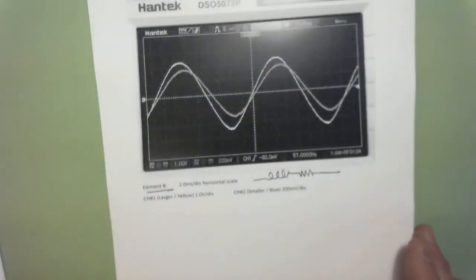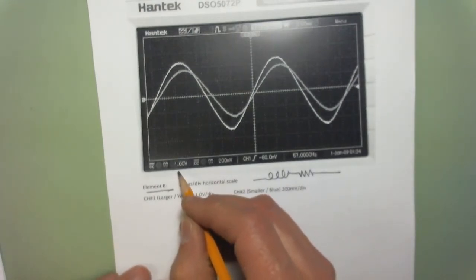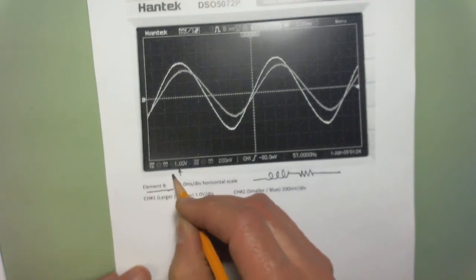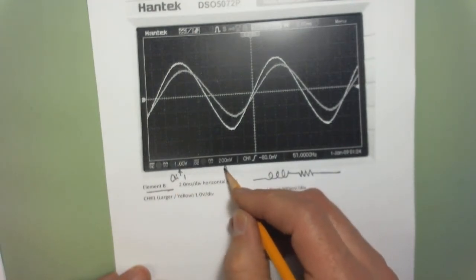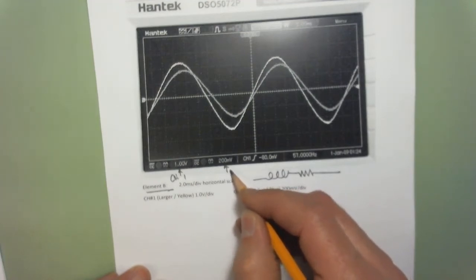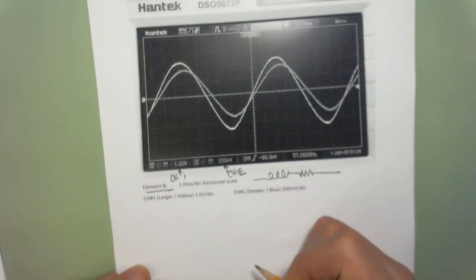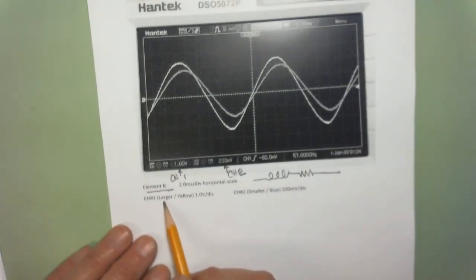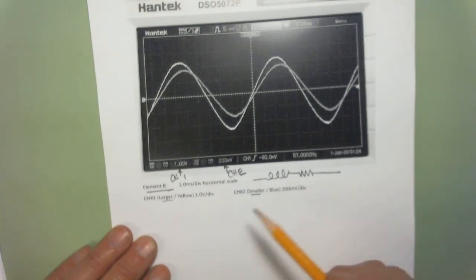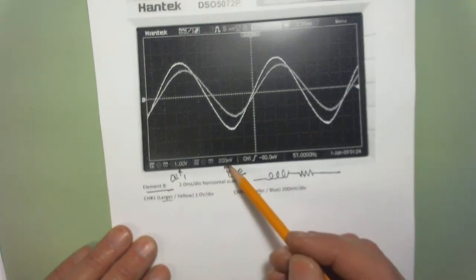Now, when we go to this one, the scale has changed. Channel 1 is now 1 volt per division, and channel 2 is 0.2, or 200 millivolts per division. So you have to be careful with that. So the larger one, and when I say larger and smaller, I'm not factoring in this factor here.